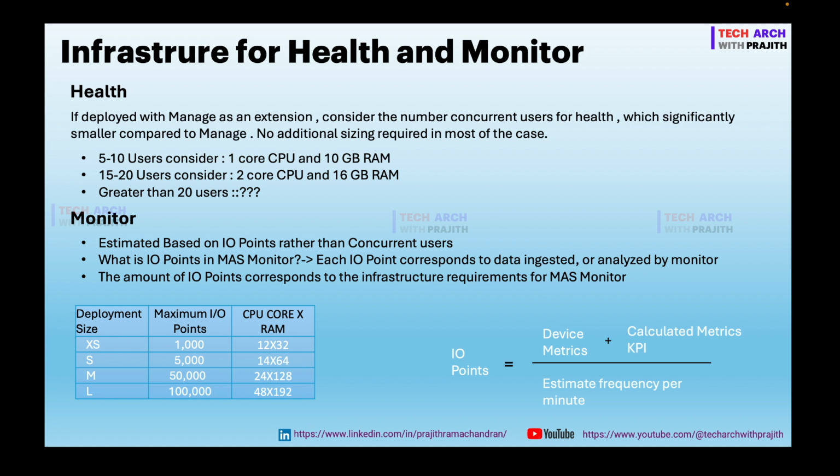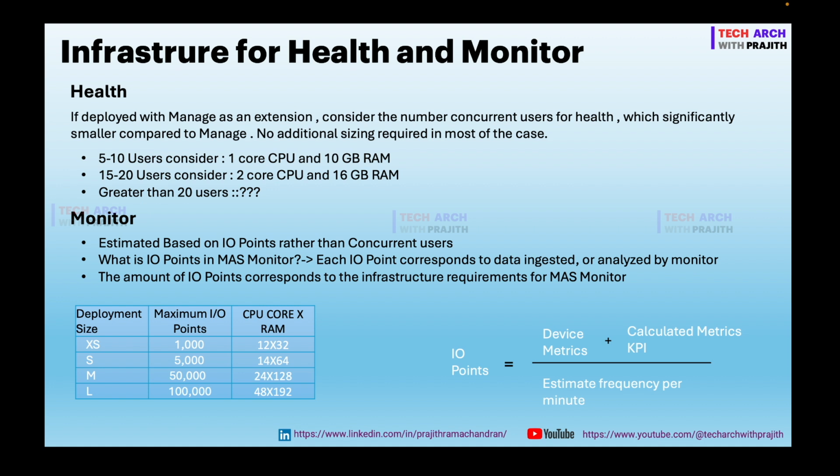It's part of manage. But the requirement of core CPU and RAM may be a little bit high. So the calculation here is, if you have 5 to 10 users that are going to get into the health application, just add one core CPU, 1 GB RAM, and look at your cluster. If there is not enough memory, add a worker node. If not, you should be fine.